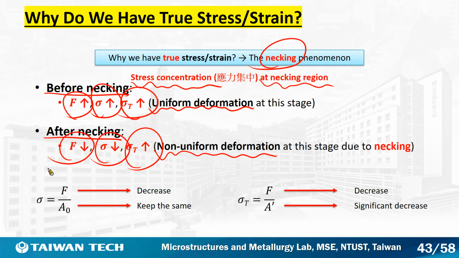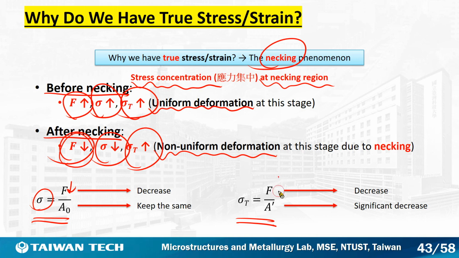Let's have a look at these two equations. This is for engineering stress. After necking, the force decreased, and A0 is the initial cross section. This is the same, so this one will decrease. And how about the true stress?